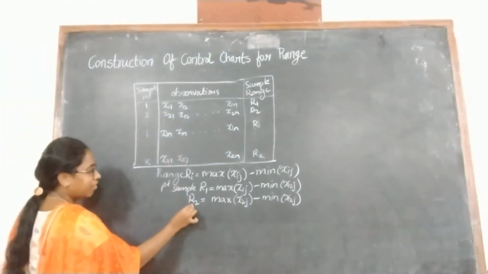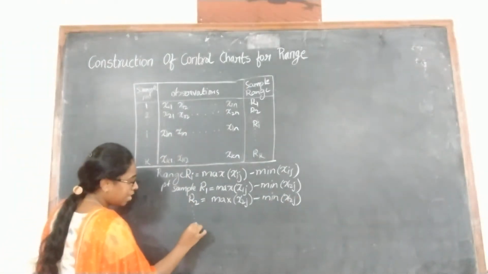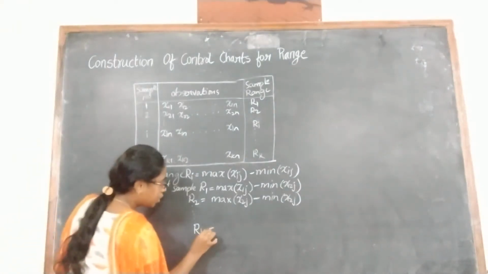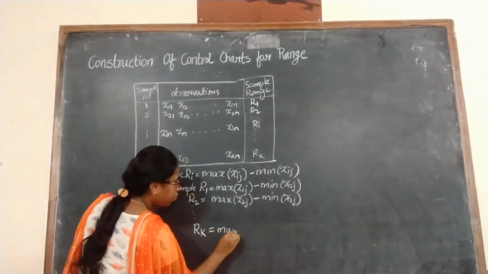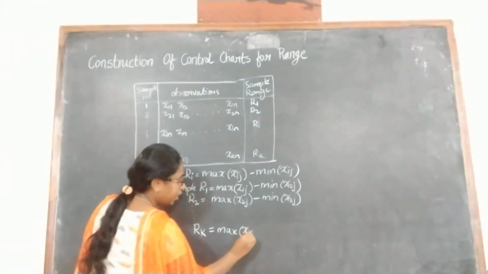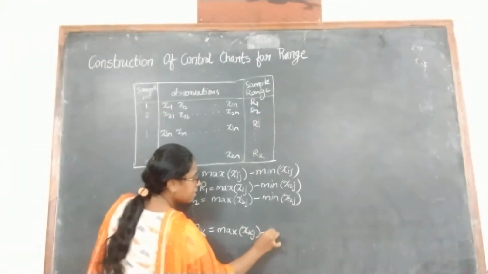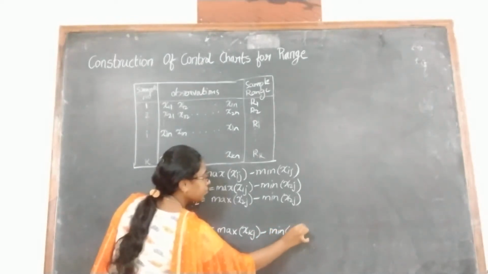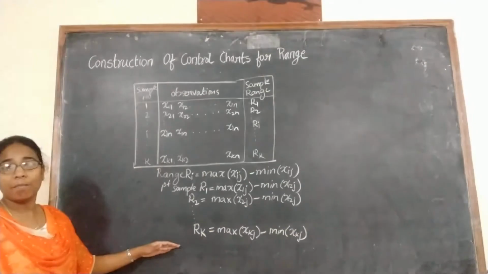So total we have k samples. For the kth sample, we will get the last range as Rk equals maximum of xkj minus minimum of xkj. So this is the sample range.